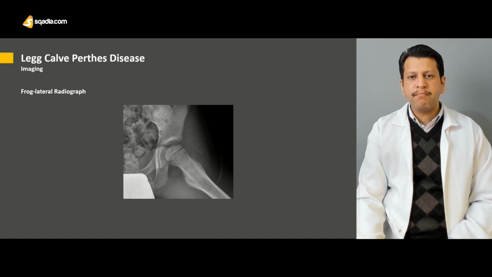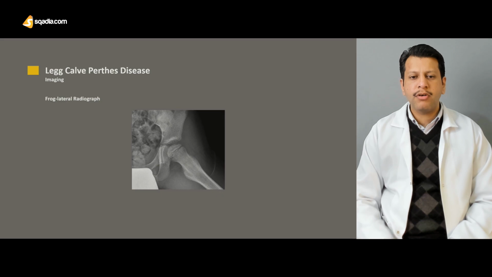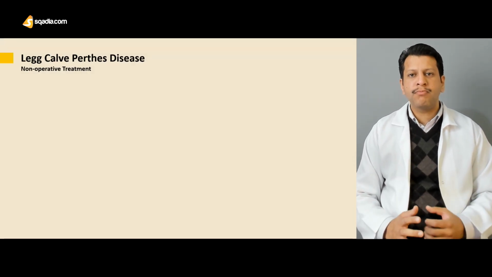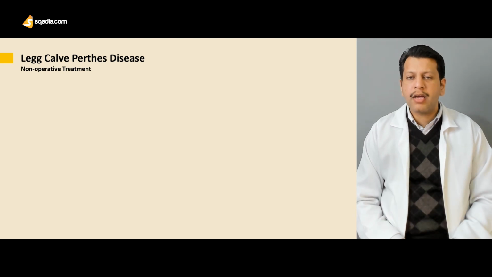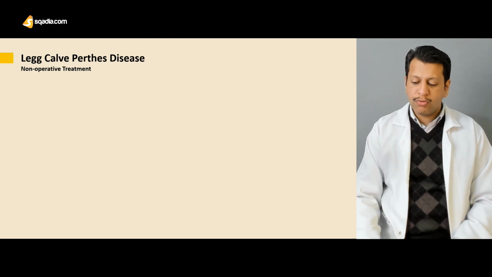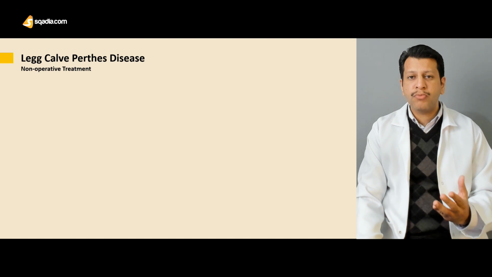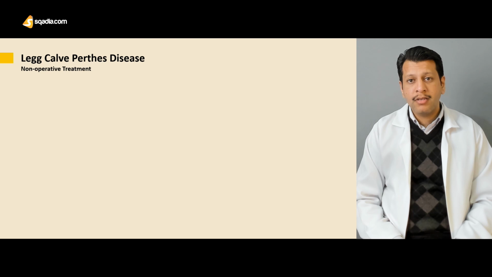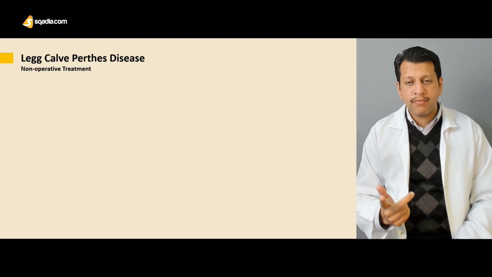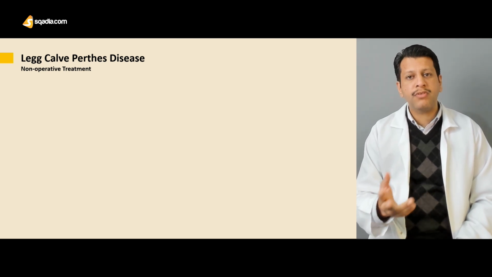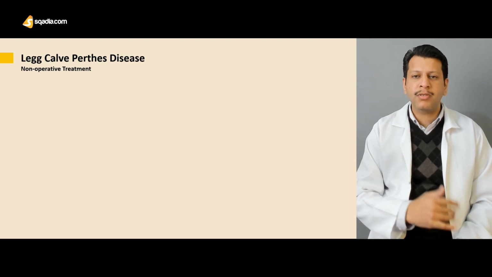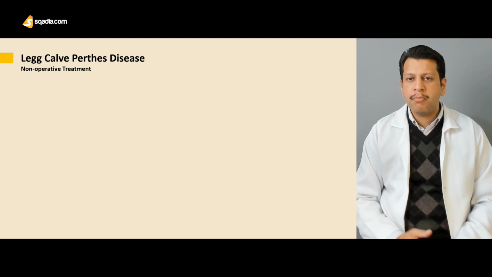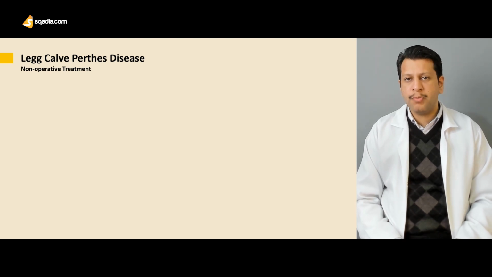Now, if we have made our diagnosis based on history and examination, we can move on to the treatment of Legg Calve Perthes disease. As I told you, the most important thing in the history is a painless limp in a child of 4 to 8 years of age, usually associated with risk factors such as socioeconomic status, or a positive antenatal history, such as lower birth weight.